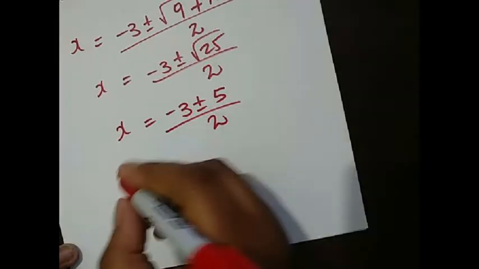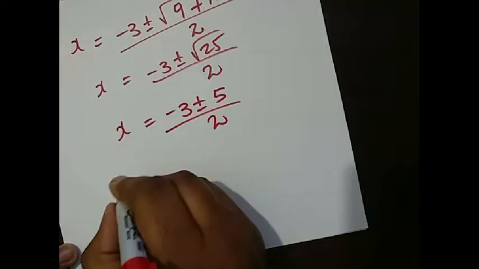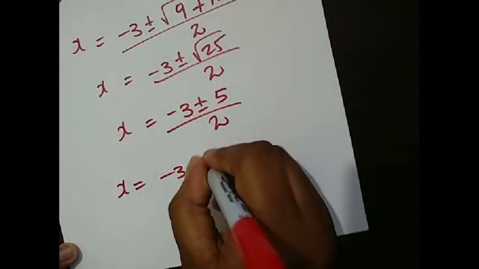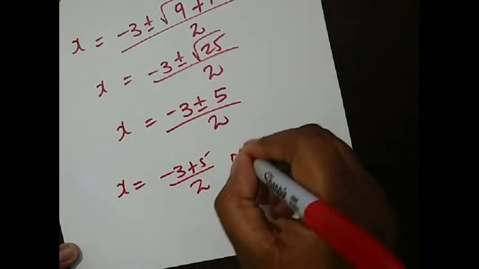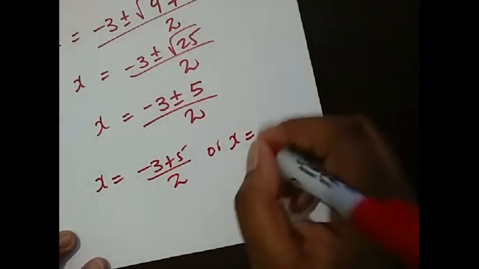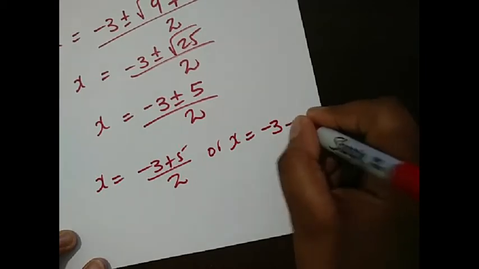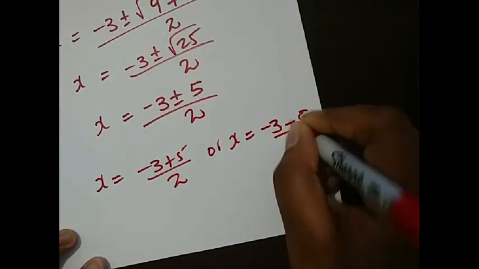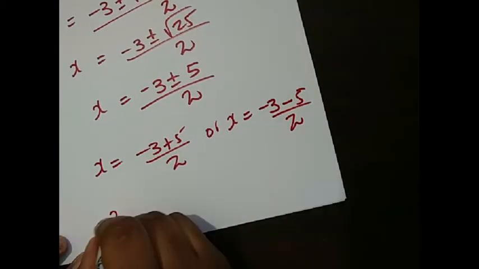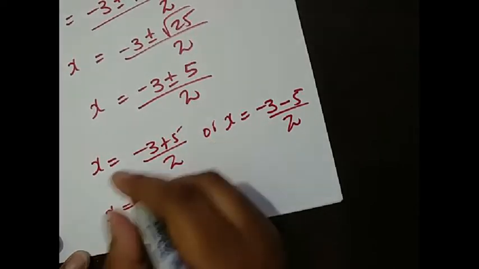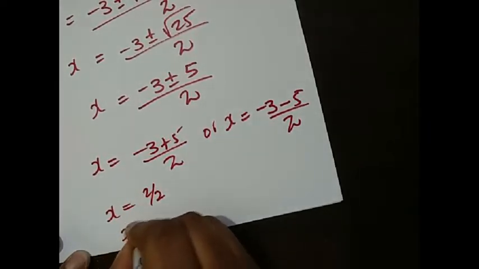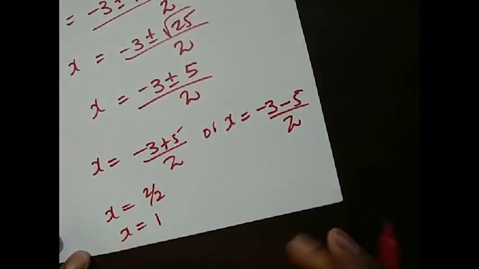So x is equal to negative 3 plus 5 over 2, because it's a plus and minus 5, or x is equal to negative 3 minus 5 over 2. Negative 3 plus 5, the same thing as saying 5 minus 3, is 2 over 2, so x is equal to 1.